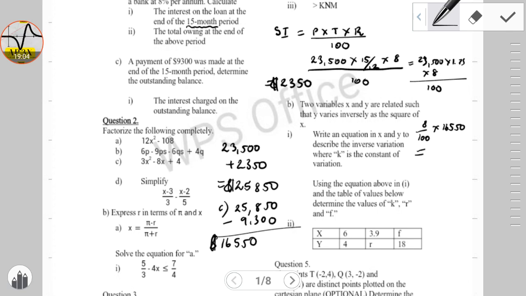And so when you did the calculation, I have the solution paper somewhere here. 8 divided by 100 multiplied by 16,550. Then you find here that the interest charge would have been $1,324 charged on the outstanding balance.